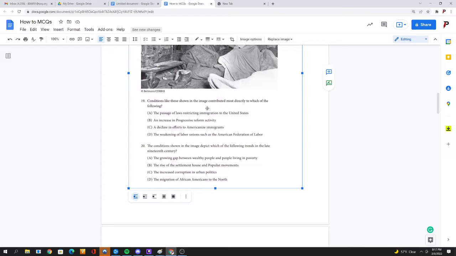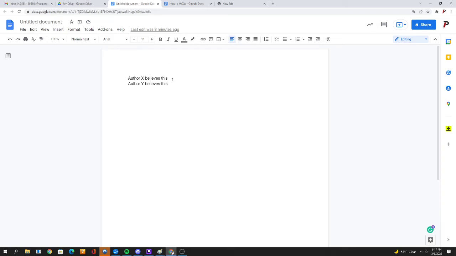It's a compare and contrast, where you will essentially be provided, and I can write a basic thing, 2 secondary sources. What does this mean? So you will have essentially a historical event that is interpreted by 2 different people. All right. So author X believes this. Author Y believes this. Okay.